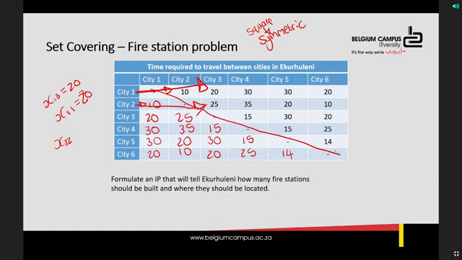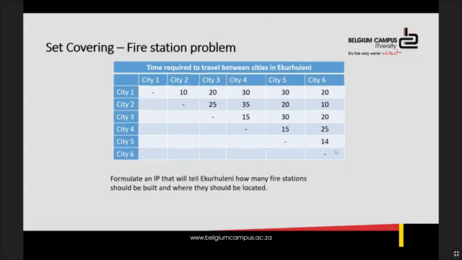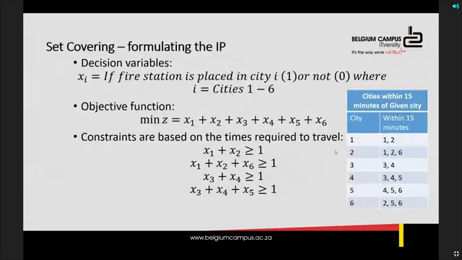If we use xi, we can say city 1, city 2, city 3, but it might not show us where we're going from and where we're going to. However, it does help us if we work with this, which I'm going to show you. If you use xij, it's going to be a much bigger IP, which is very unnecessary. You'll see that if you had to go xij, it would be quite inefficient. It could work, but it's not that great to use.